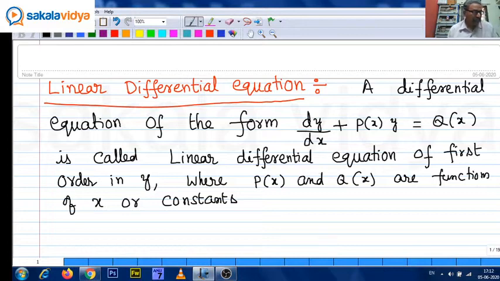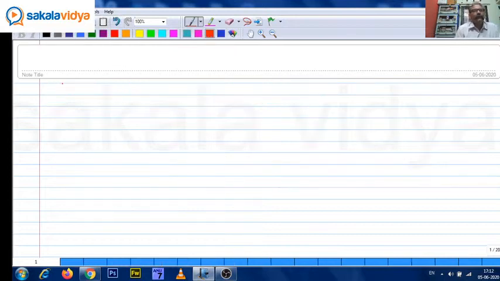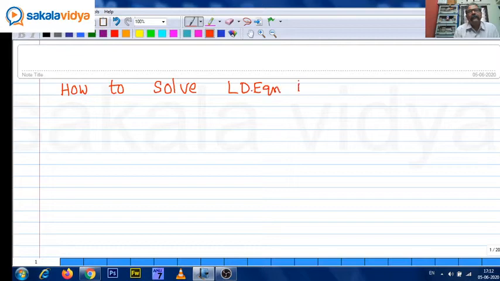So this is how to solve a linear differential equation in x.